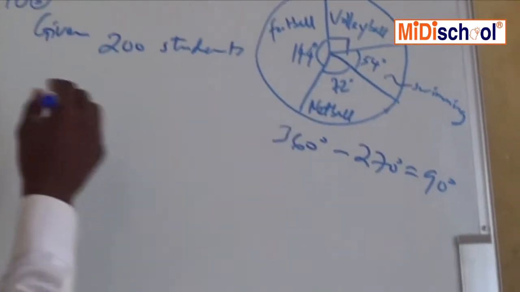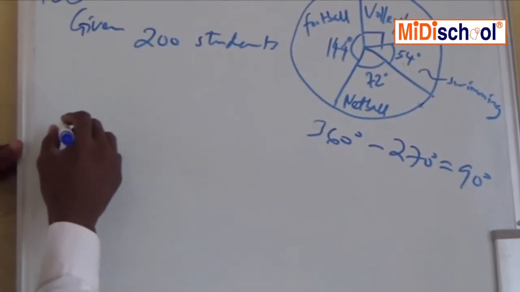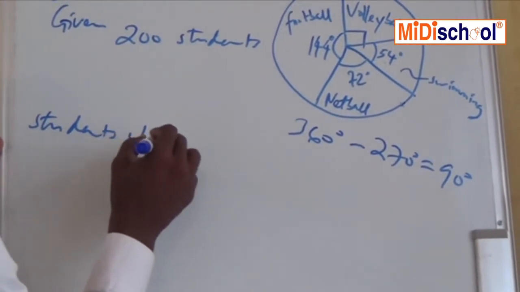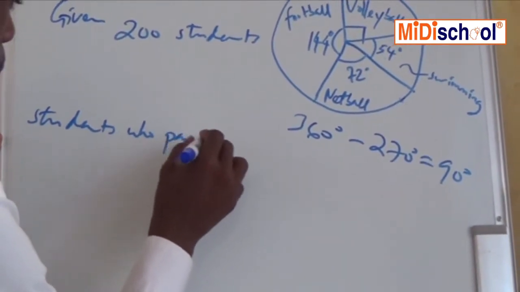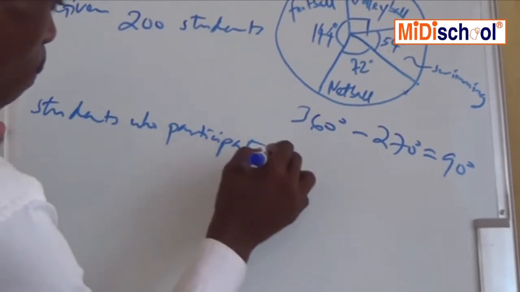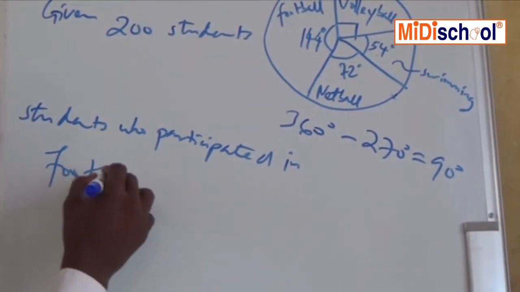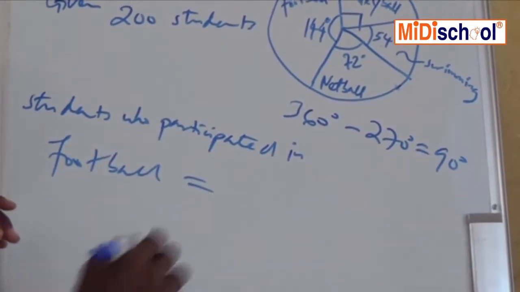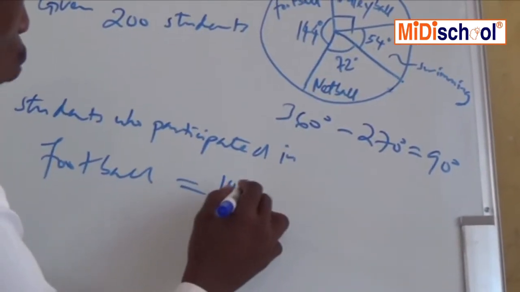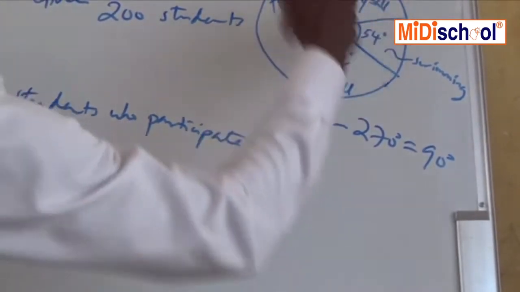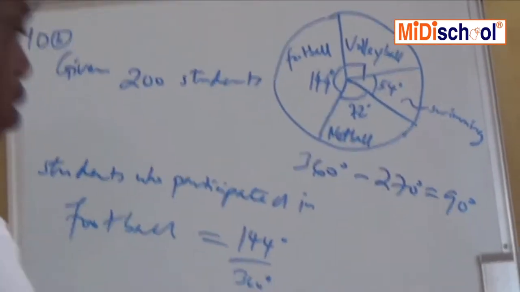So now we say that students who participated in football will be equal to the degrees, which is 144, over the total number of degrees of the whole pie chart with the circle, so 360.